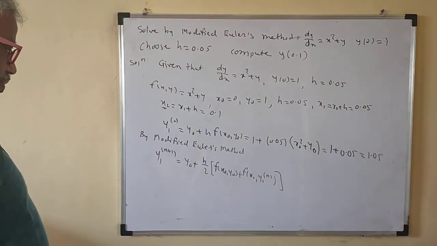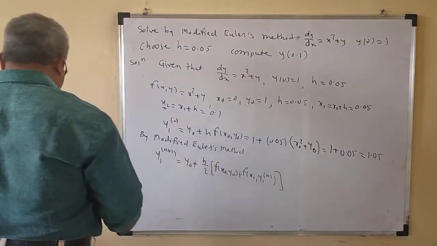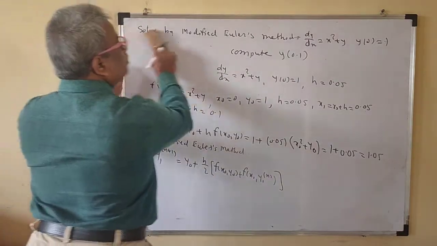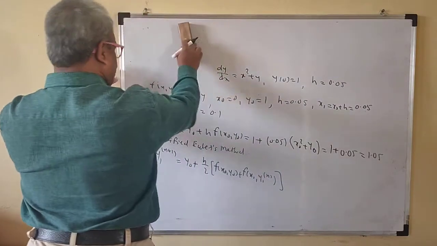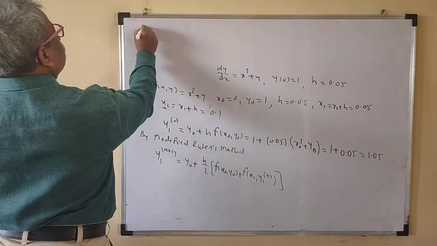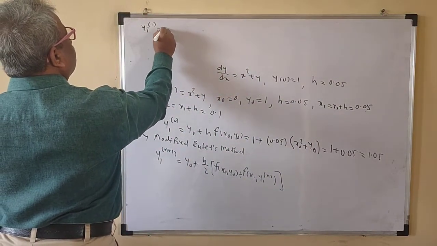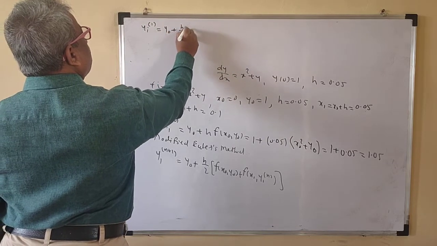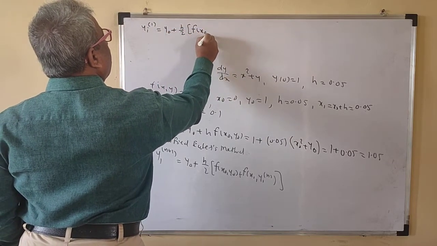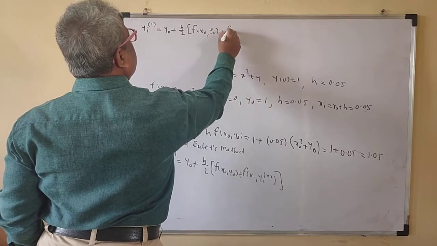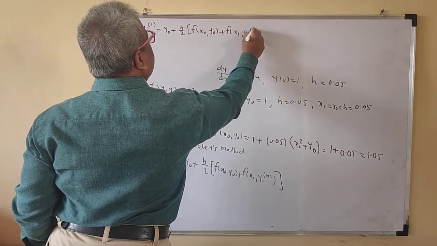This is modified Euler's method. Okay. So now we will find y1 of 1. So this is y0 plus h by 2 f of x0 y0 plus f of x1 y1 of 0.